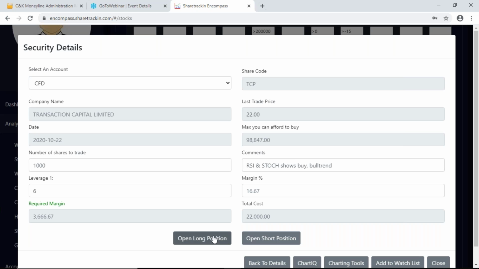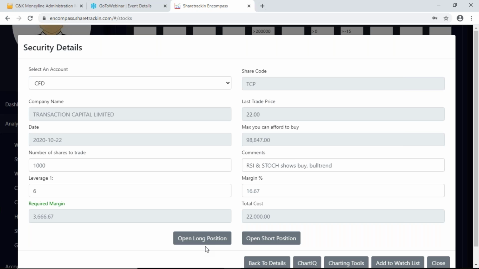Now, again, we have the long position and the short position. And like I said earlier, you can trade on an upward trend or a downward trend. So, in other words, a long position would be your normal buying. Buy in low, wait for the share to go up and then sell.